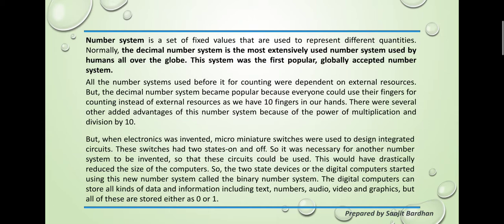This would drastically reduce the size of a computer, so the digital computer started using the number system called the binary number system, okay. When the integrated circuit was invented, these switches had two states, on and off. That's why the binary number system was invented, okay. Digital computers can store all kinds of data and information including text, number, audio, video, graphics, but all of these are stored as either 0 or 1.